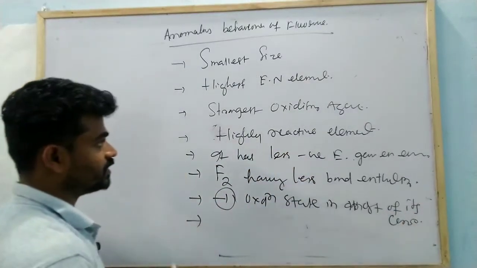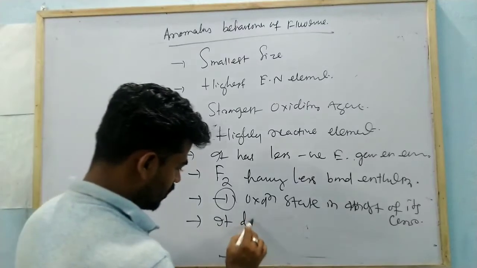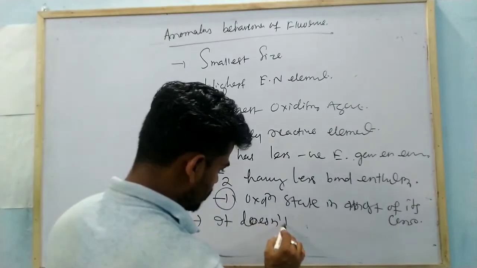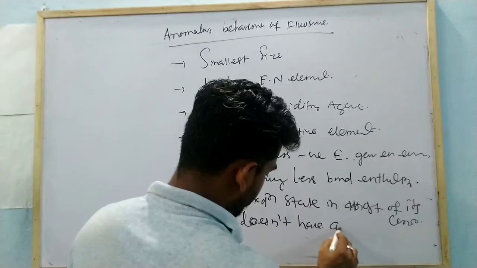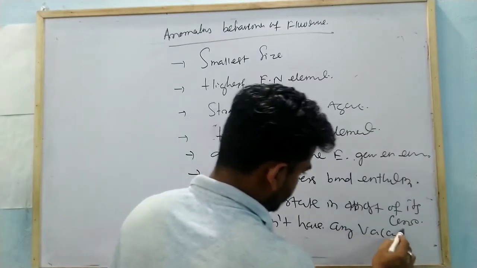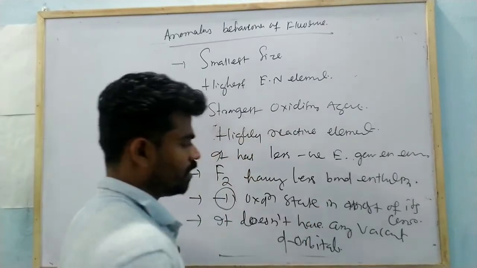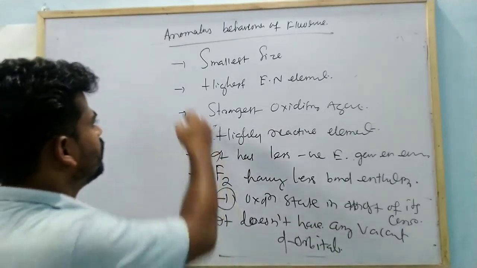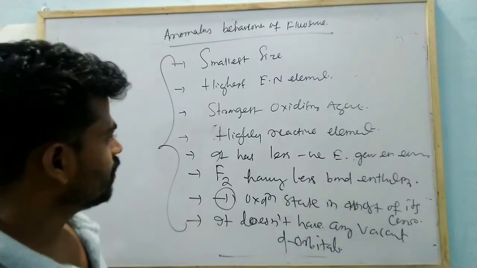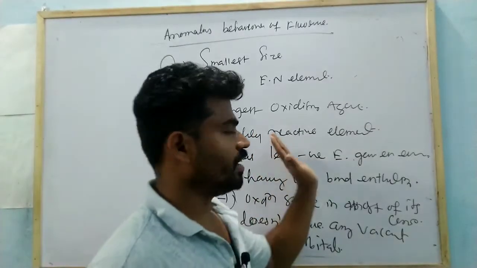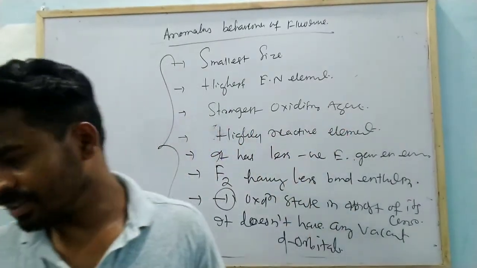The important thing is it does not have any vacant d orbital. So these are a few points on how fluorine differs from the rest of the halogens.